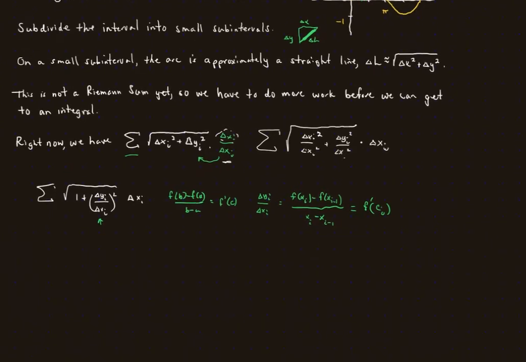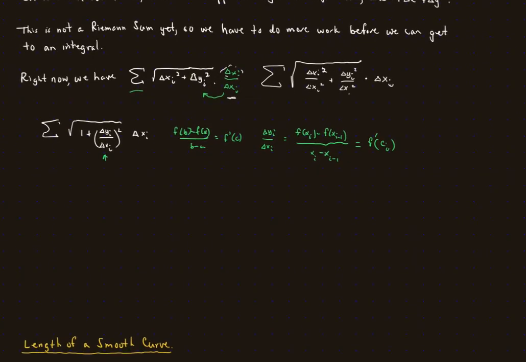Using the mean value theorem, our summation is now going to look like the square root of 1 plus f prime of c sub i squared, times our delta x sub i. And this is now in the form of a Riemann sum.